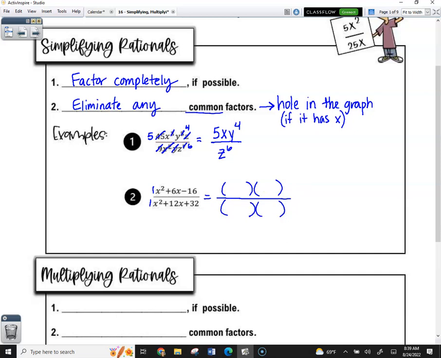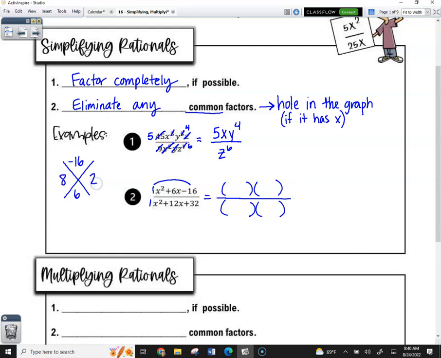The way to check if it will factor, I say multiply A times C because I want you in that mindset in case A is not a 1. Even though it is a 1 here, I still want you to do it. So A times C, factors of negative 16 that add up to equal 6. The 6 came from the middle term, by the way. Factors of negative 16 that add up to equal 6.